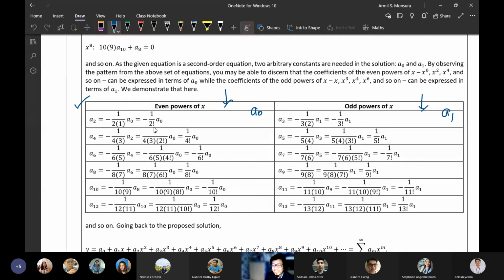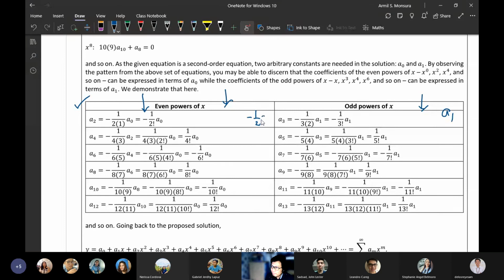Okay, pero ito yung pattern. Una, alternating yung signs niyan. Negative, positive, negative, positive, negative, positive. Okay? I-align natin yung mga coefficients para mas makita nyo.